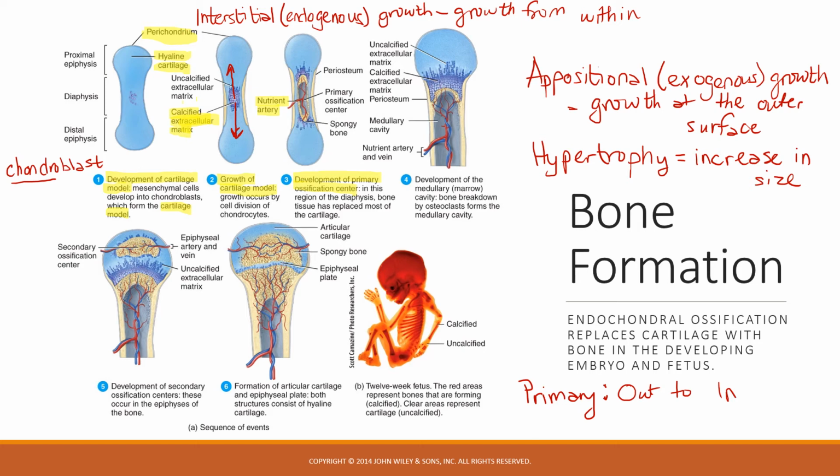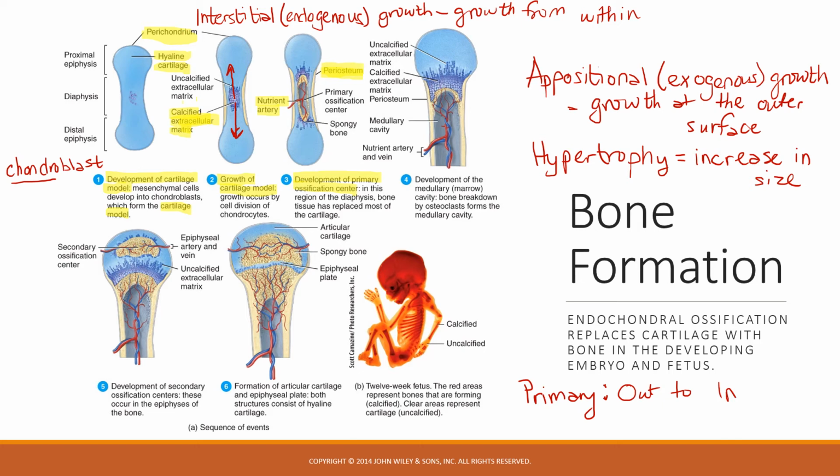This stimulates osteoprogenitor cells in the perichondrium to differentiate into osteoblasts. Once the perichondrium starts to form bone, it's then called periosteum. So remember, this is the connective tissue that surrounds bone.